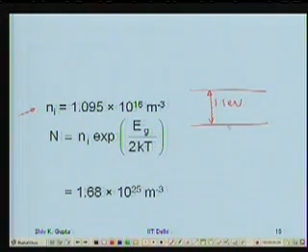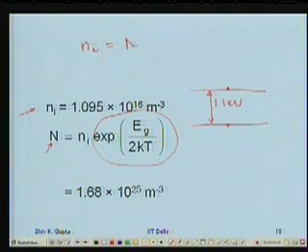This is the band gap, and the electron is to be excited from here to reach there. Let's say the number of electrons available here is N. The probability it can reach there is exponential minus Eg upon 2kT. Written the other way around, Ni, the one which I have gone there, is capital N times exponential of minus Eg upon 2kT.